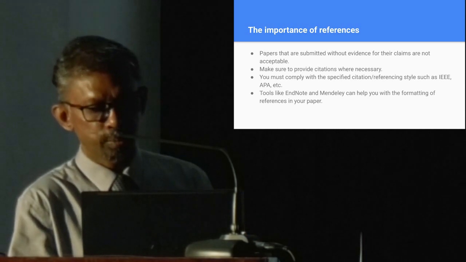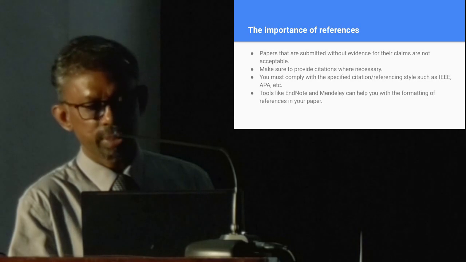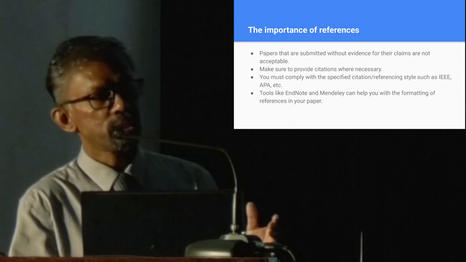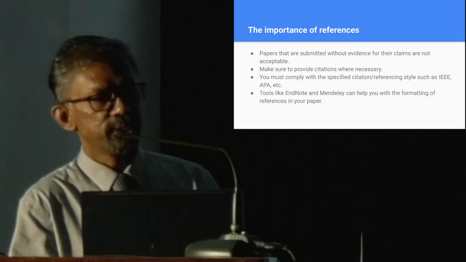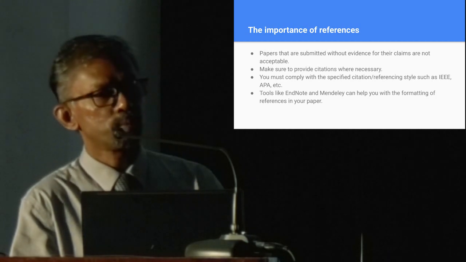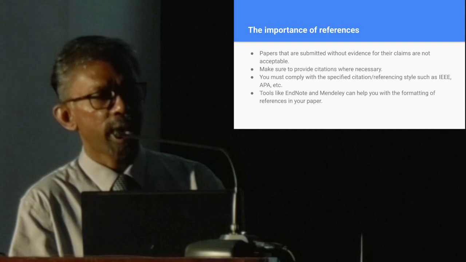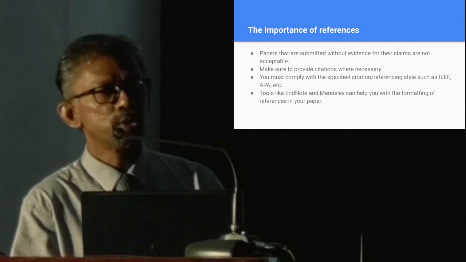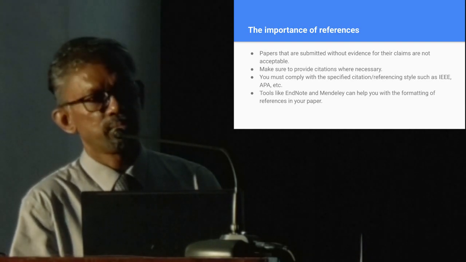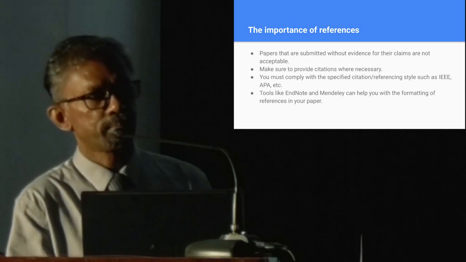Okay, so if you take, for example, the IEEE, you just normally write a sentence referring to what someone else has done, and at the end of the sentence you can put a citation to that as a square bracketed number.